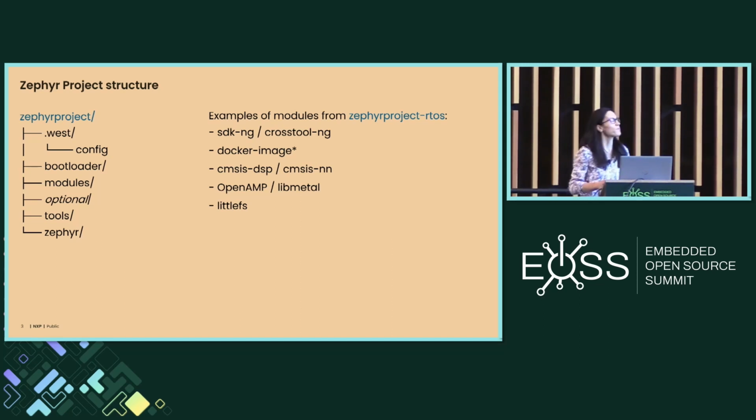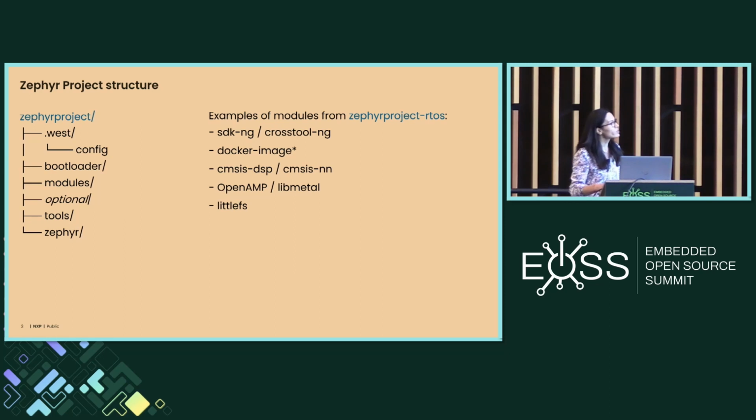Optional modules are a subset of the modules above. These are not used by all Zephyr applications. They are used by some of them, and they are brought into Zephyr based on the specific requirements of an application. So if you want to bring in an optional module, you have to do a west config before doing west update. Update populates and fetches all these modules.